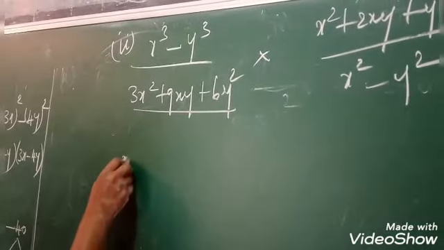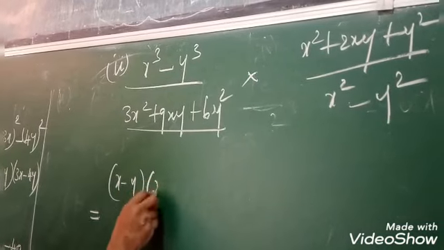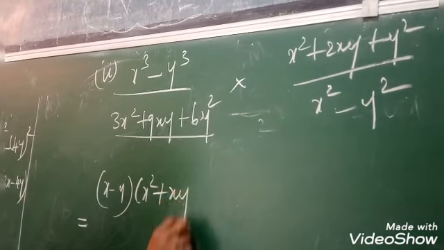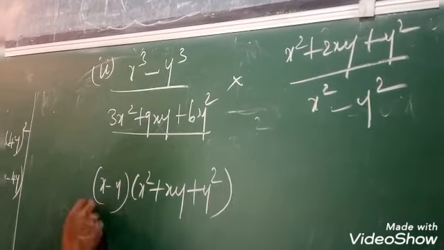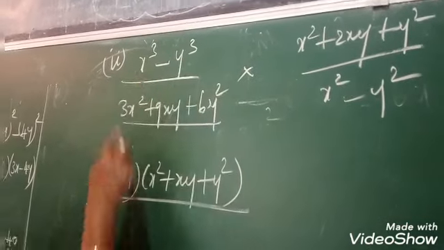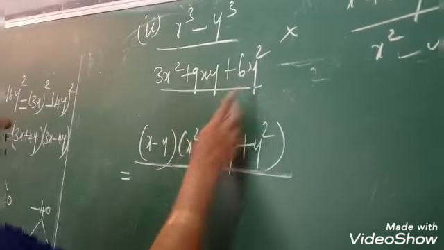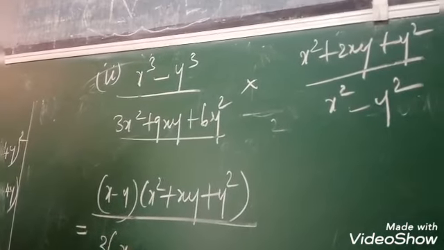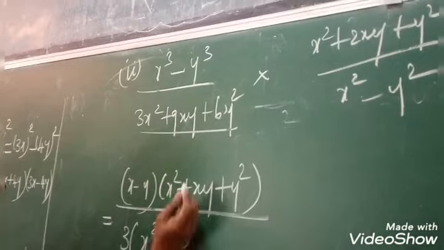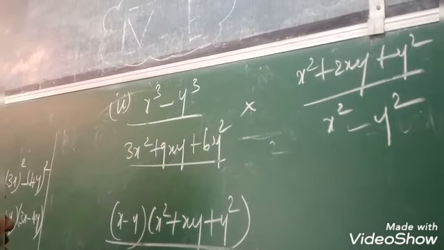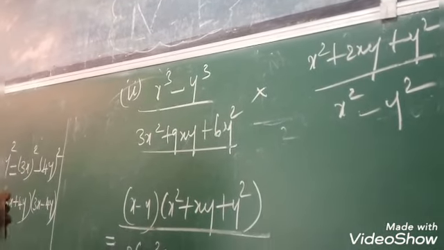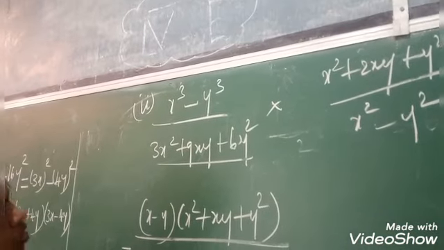First a cube minus b cube: x minus y into x squared plus xy plus y squared. This is the identity of a cube minus b cube. Here x cube minus y cube. The new denominator, 3 should be taken out. Now x squared plus 3xy.